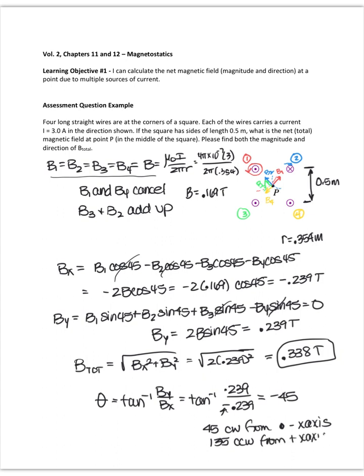So remember, in order to completely describe my magnetic field, I have to give both the magnitude and the direction of the field. This is how we might do a typical problem for learning objective 1.